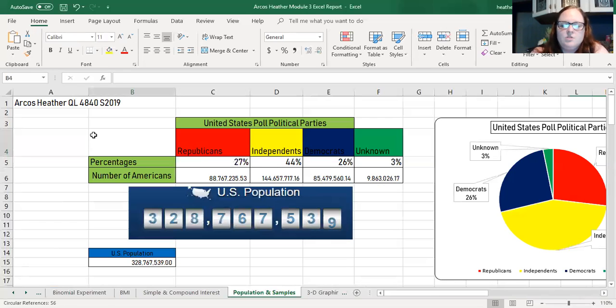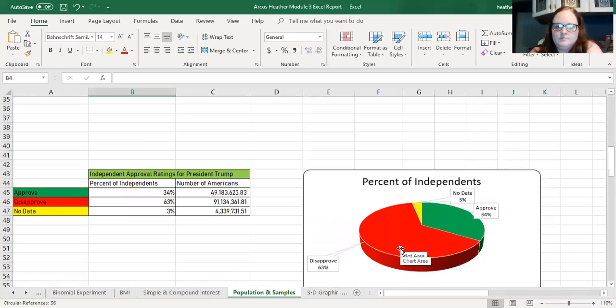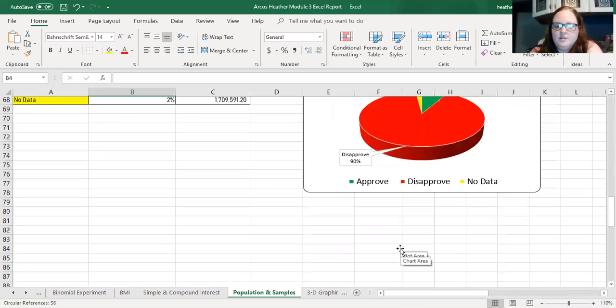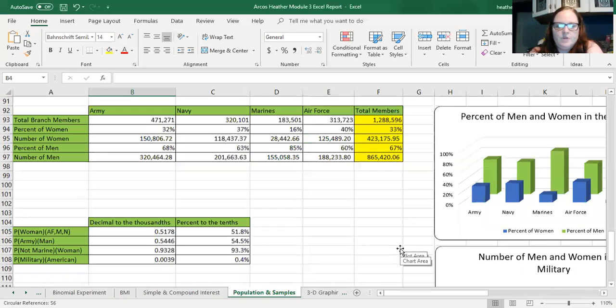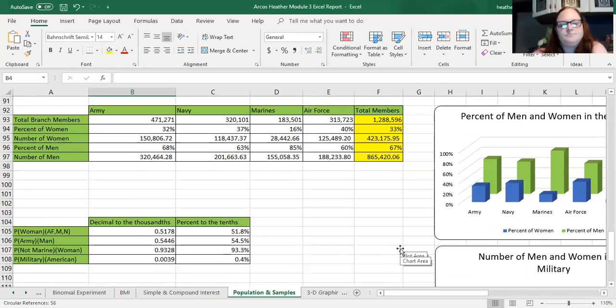And out of those, 27% are Republicans, 44% are independent, and then 26% are Democrat, and then only 3% unknown. Let's see what else I have over here. Those are just my charts for that. Oh, and this is the military one.